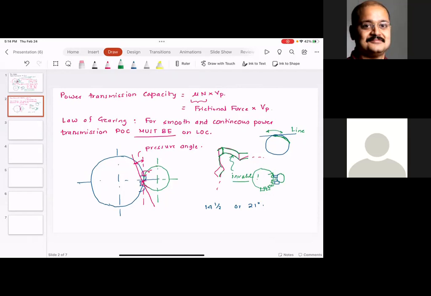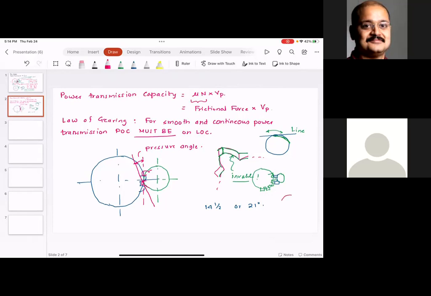What is a cycloidal profile? The involute profile is constructed by tracing a point P on that line, and that line actually rolls on the circle.